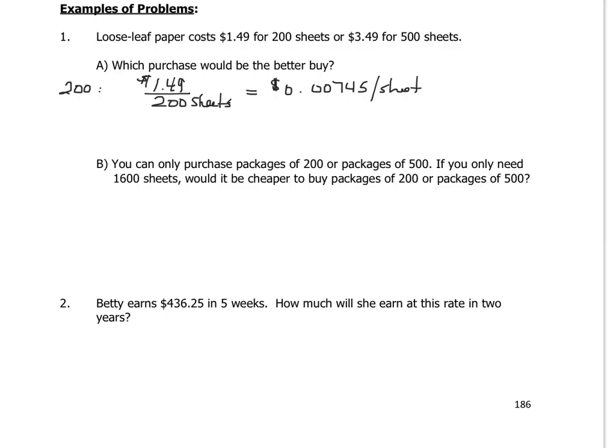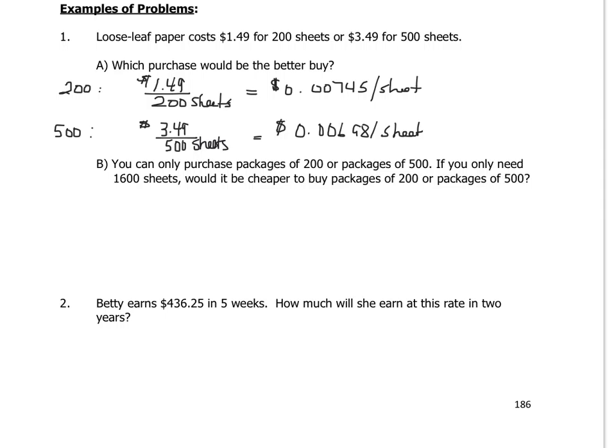So the next one, for the 500 sheets, you would have $3.49 divided by 500 sheets, which would be $0.00698 per sheet, which is very close to the first answer, but a tiny bit less.